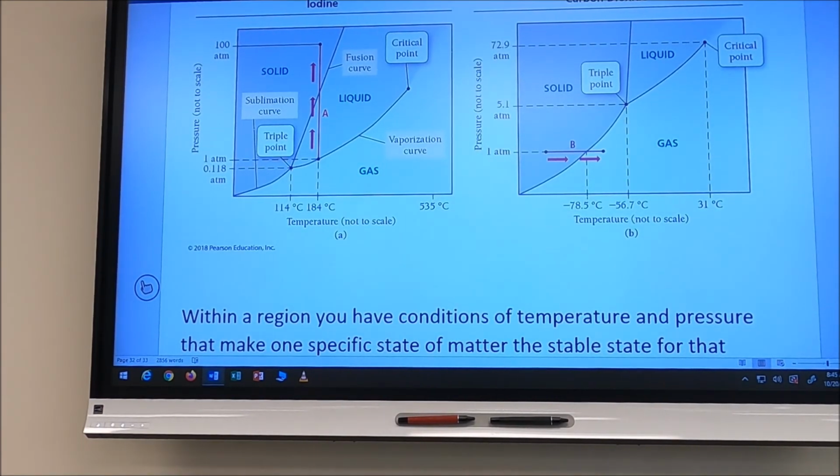Here are phase diagrams for iodine and carbon dioxide. I want you to notice in both of these, the fusion curve tilts to the right, not to the left. And notice that the critical point for carbon dioxide is at 31 degrees C and 72.9 atmospheres.